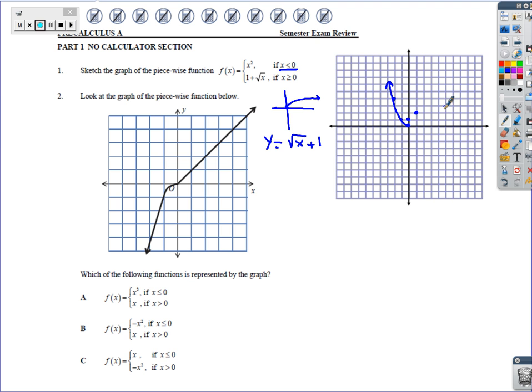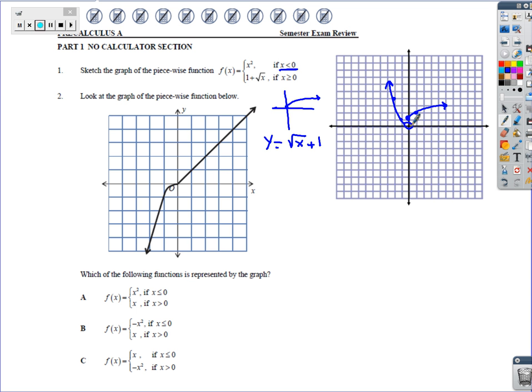So there's your graph. It's greater than or equal to 0, so you want a dark circle there. And for your quadratic, you're going to have an open circle. And there is your piecewise function.